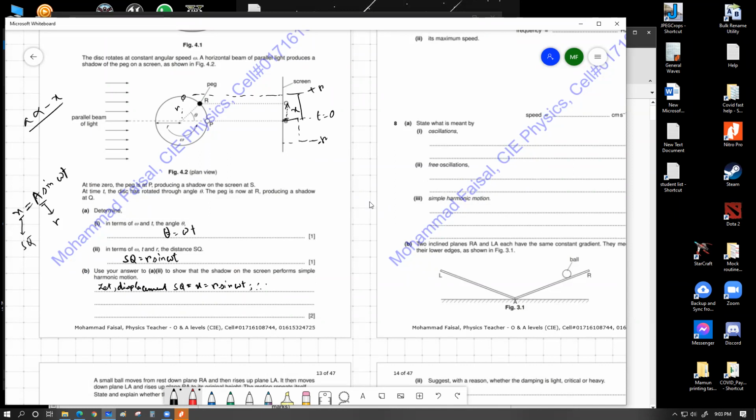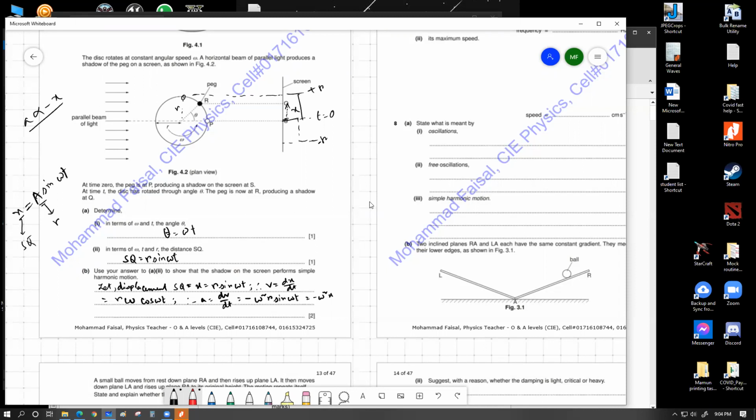Therefore, velocity equals dx by dt equals r omega cos omega t; therefore, acceleration equals dv by dt equals minus omega square r sine omega t equals minus omega square x.